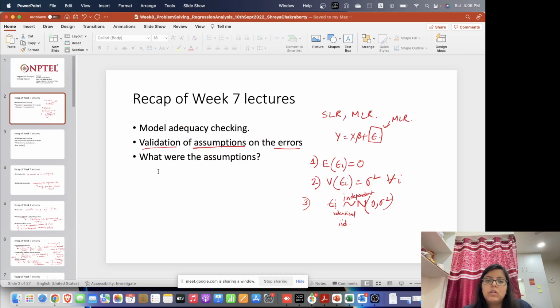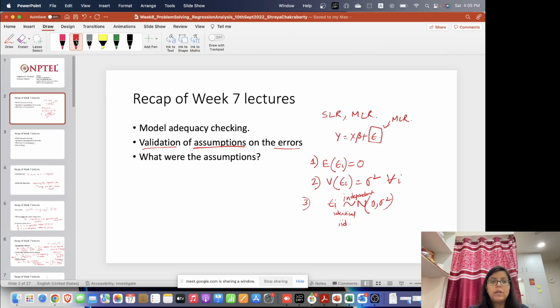In week 7 we learned the model accuracy checking parameters and the assumptions that we usually follow. These are the three assumptions on the errors: the expectation is zero, the variance should be constant, and the epsilon i's, that is the errors, are independently and identically distributed random variables following a normal distribution with mean 0 and variance sigma square.